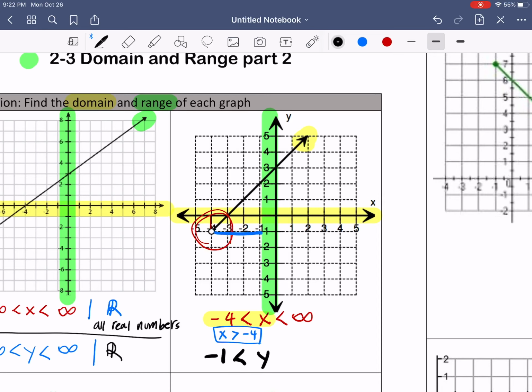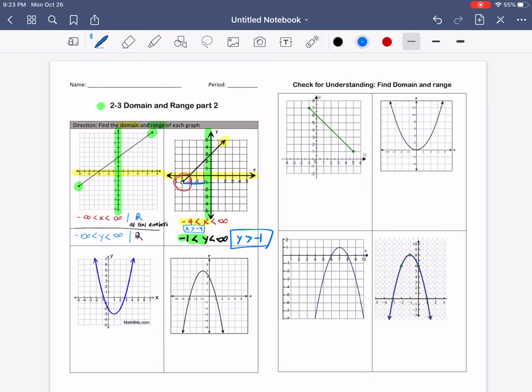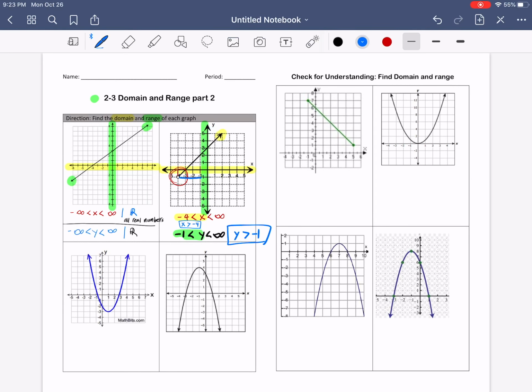It keeps going up to positive infinity. And as you know, this is gonna be the range, the numbers that we're gonna use only. So it's gonna be y is greater than negative 1. You flip it, because you wanna write the variable first, right? So we are done with the domain and range of this basic one.